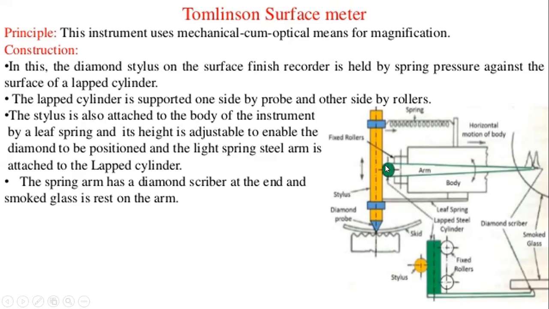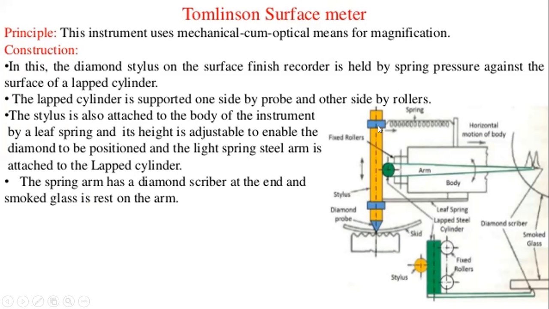It has fixed rollers attached to the lapped steel cylinder, and an arm which carries the diamond scriber, which is attached to the smoked glass. The smoked glass is engraved by the diamond scriber attached to it. Whenever the arm moves, the body also moves.